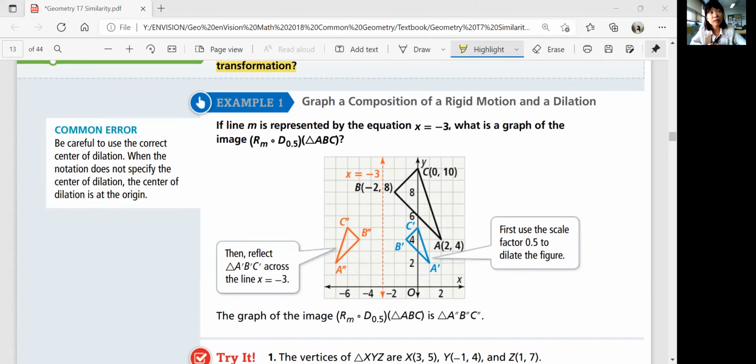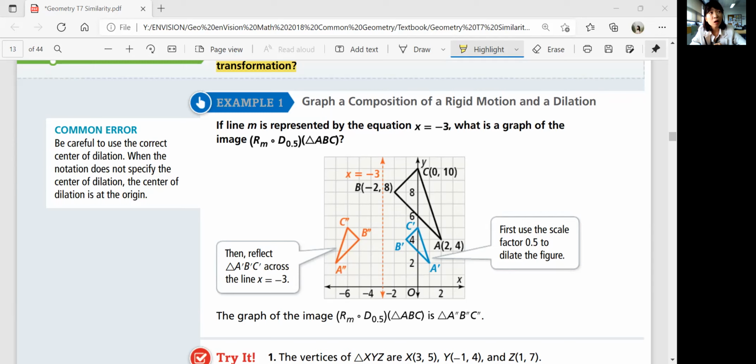But dilation is different, right? Dilation preserves angle measures, but it does not preserve the distances between the points. So dilation is not a rigid motion. Let's look at this graph. If line M is represented by the equation x equals -3.